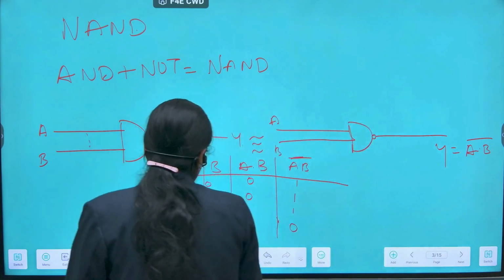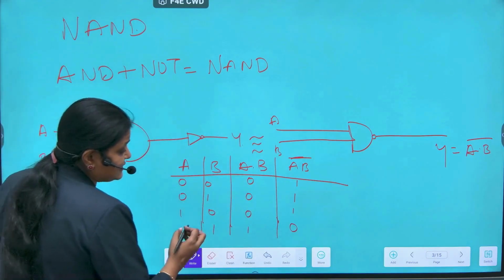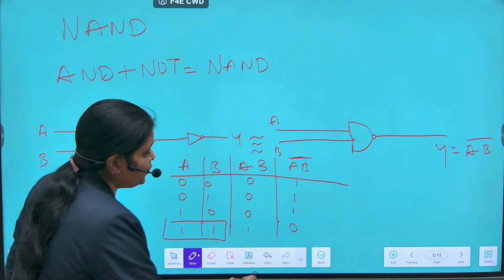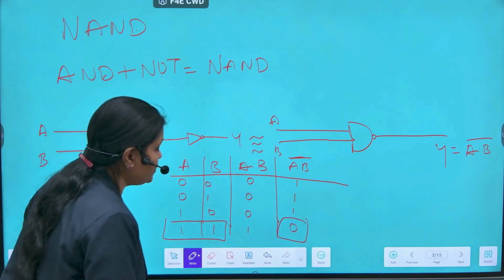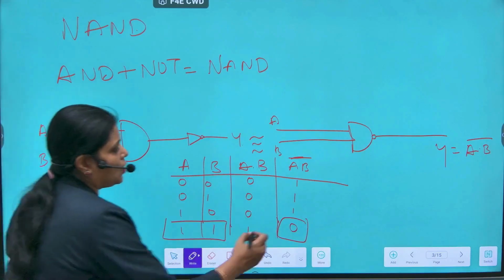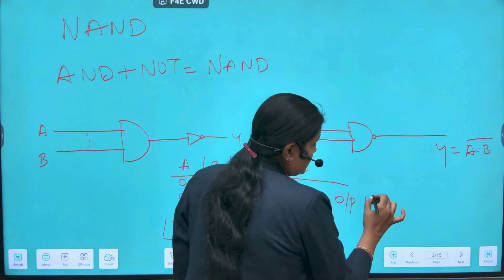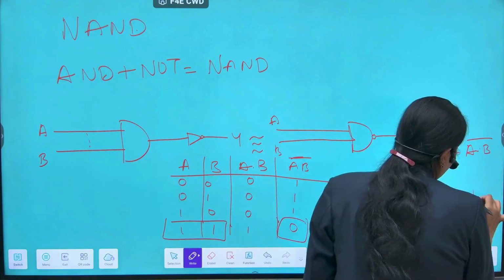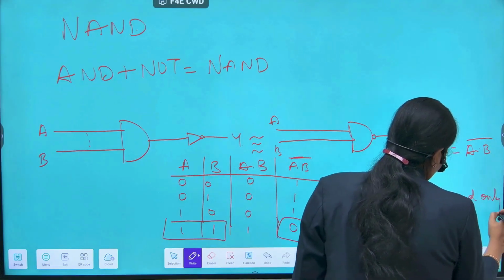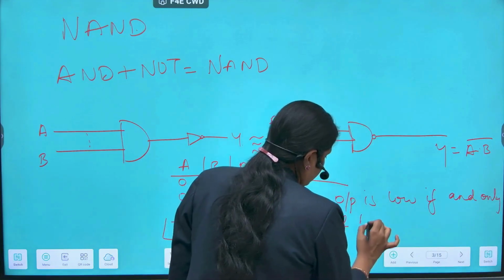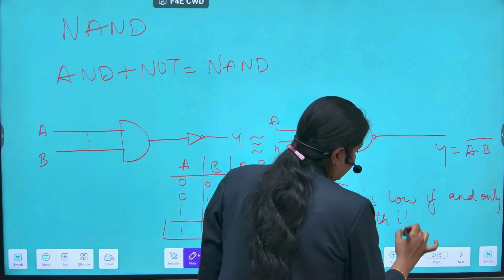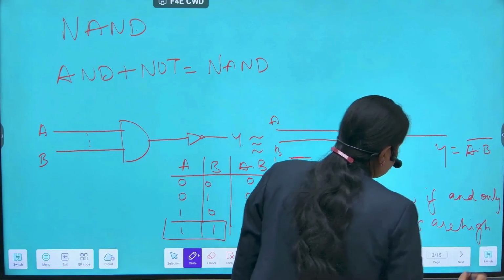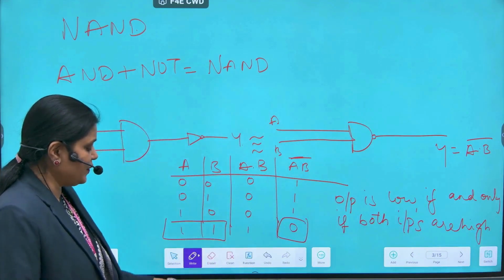So what I can say, I can define the result as: the output is low if and only if both inputs are high. So if both inputs are high, the output will be low.